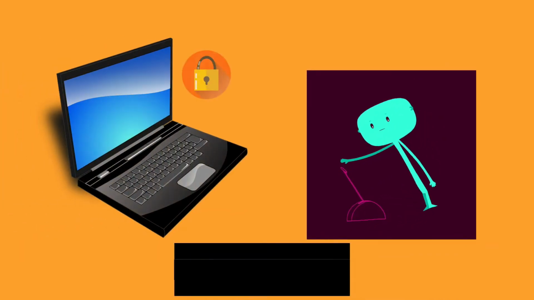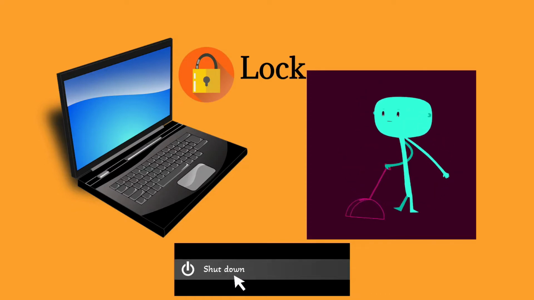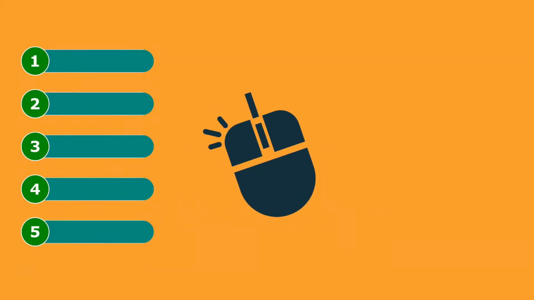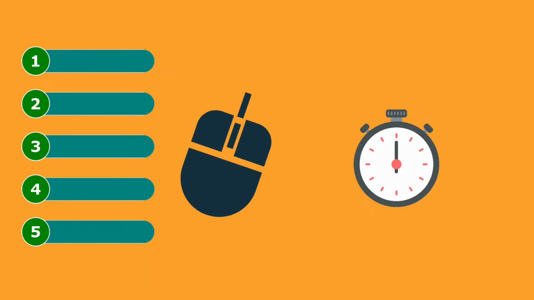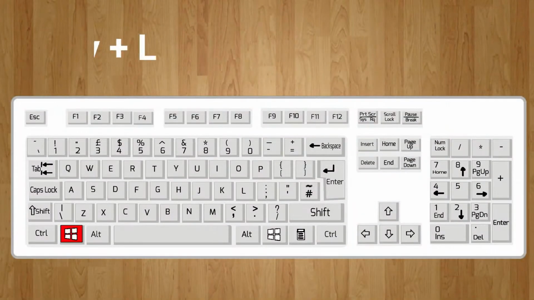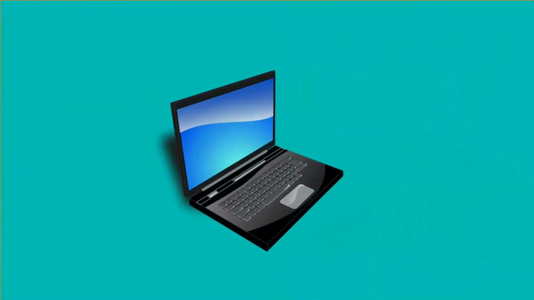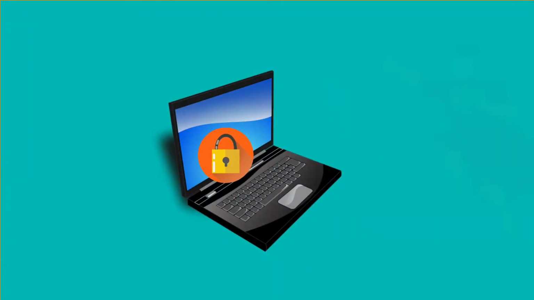In this situation, you can lock your PC and then go to the kitchen. But if you lock your PC step by step through your mouse, it will take a few extra seconds. If you press the Windows logo key and L on your keyboard, boom, your PC is locked. Now you can go to the kitchen as a hero.